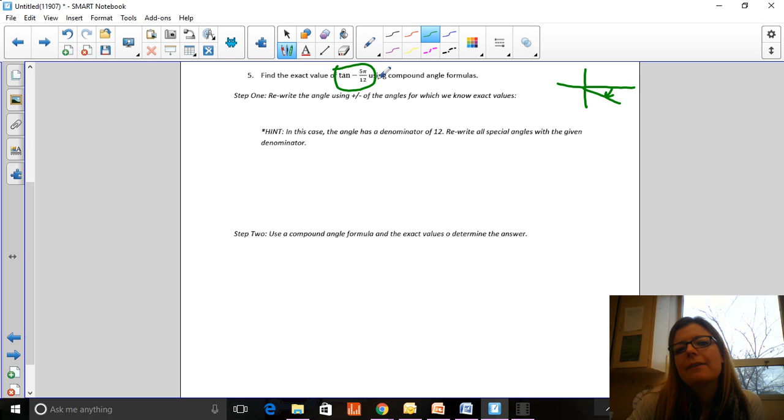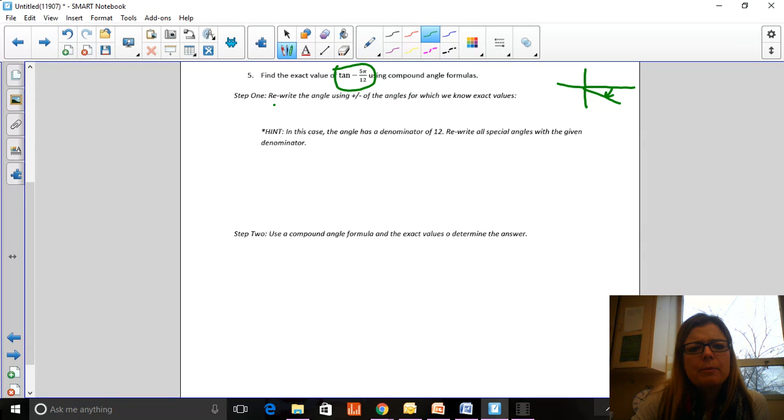So we do not have an exact value for minus 5 pi over 12. It's not part of any of our special triangles. So we need to use our special triangles, or the ones that we have exact values for, to come up with an addition or a subtraction that adds or subtracts to minus 5 pi over 12. And if we can do that, then we can find the exact value.